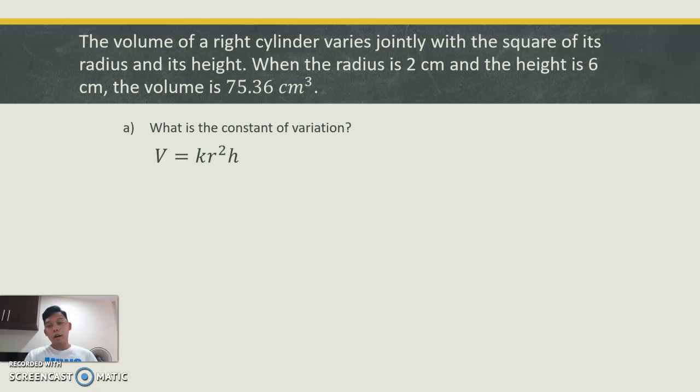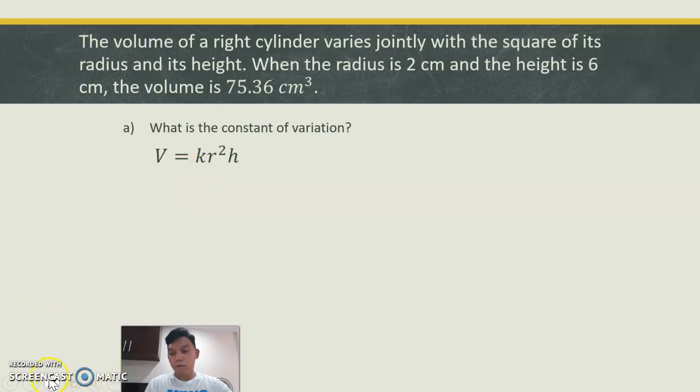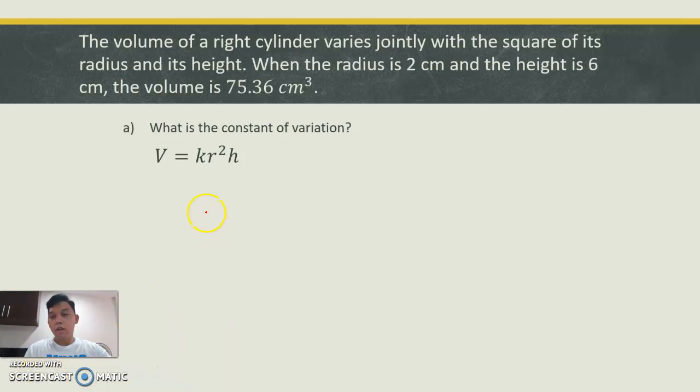Now to solve for the constant of variation, we use the first set of data that is given here. First we substitute: the volume is 75.36, the radius is 2, the height is 6.